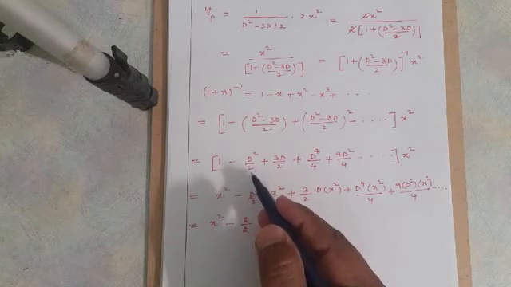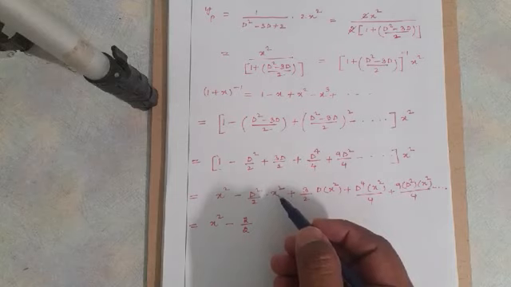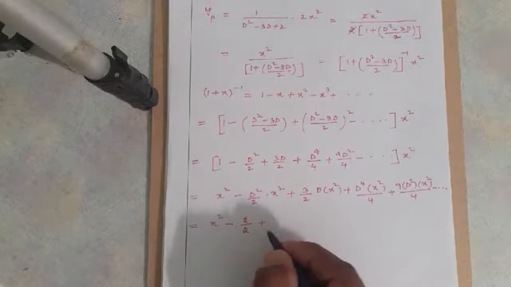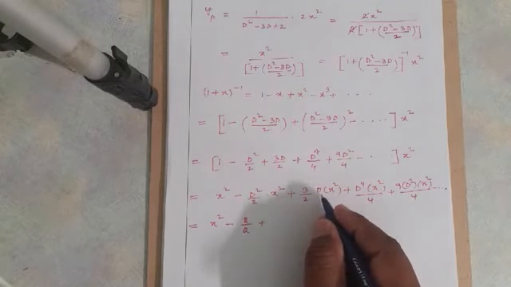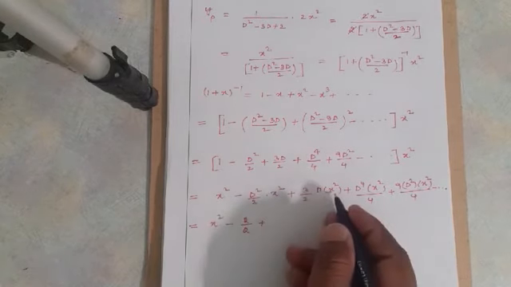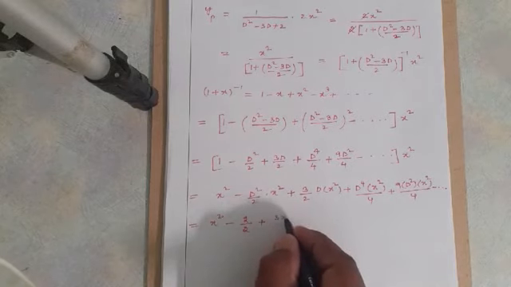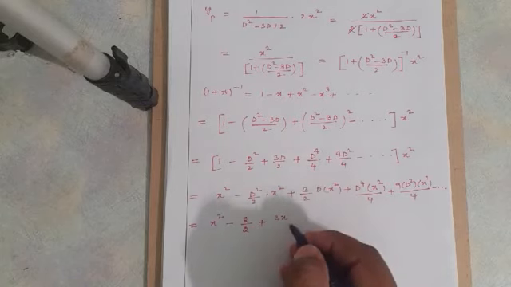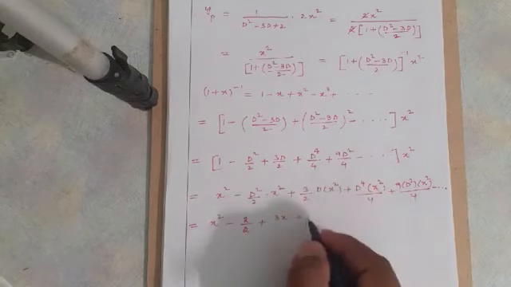Plus, now when you differentiate this you get 2x, because only one time we have to differentiate this, so 3/2 into 2x, the 2 cancels, and you get 3x. Plus this term becomes 0, because when you differentiate x² four times it becomes 0.